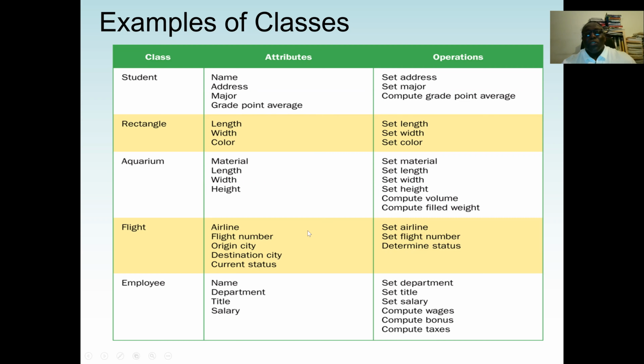The whole concept of object-oriented programming is that we have a problem. So the first thing we have to do is to identify the classes. And the best way we can identify classes or objects from a problem specification is by identifying the nouns, and the verbs will be the actions, so the operations.